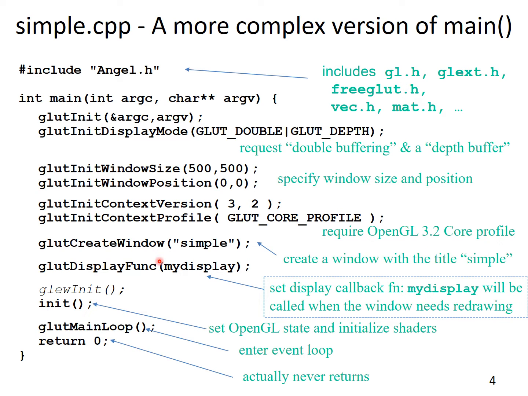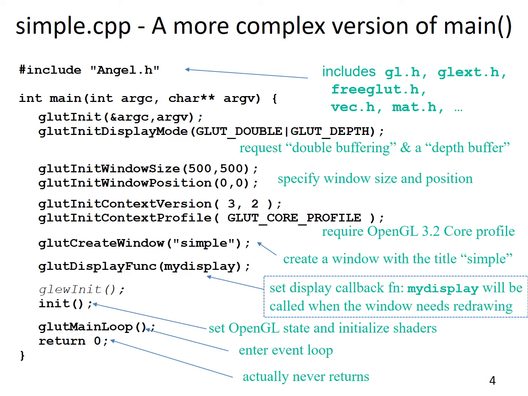Now we define the display callback function. So every time the display needs to be refreshed, my display function will be called, and this is what we will have to write ourselves. We initialize glew over here with glewInit.